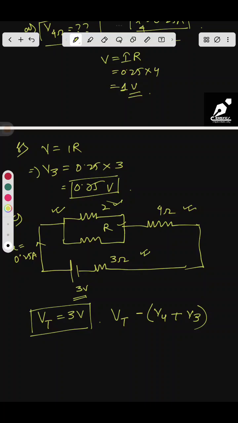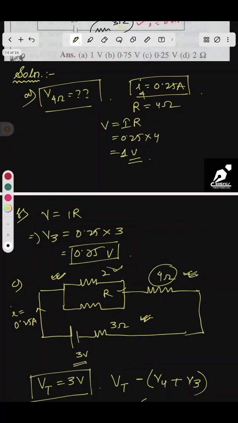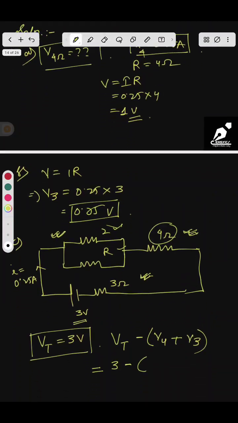Total potential is how much? 3 volt. And what is the potential consumed by this 4 ohm resistance? Just now we have calculated it is 1 volt.